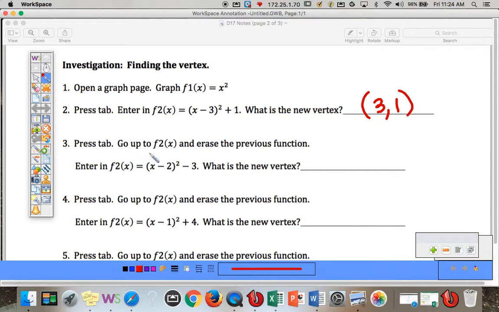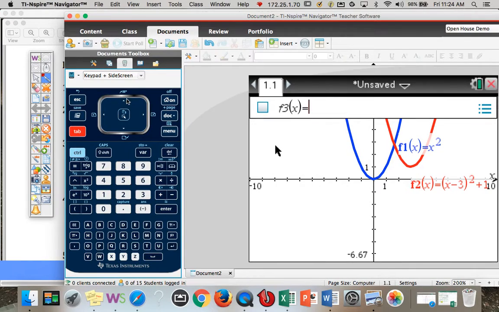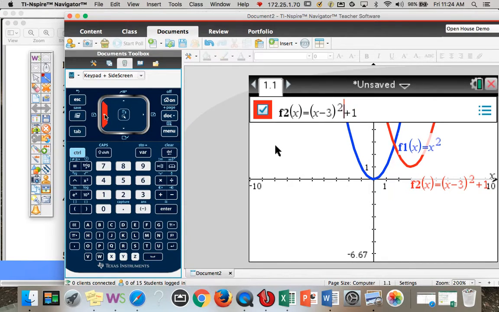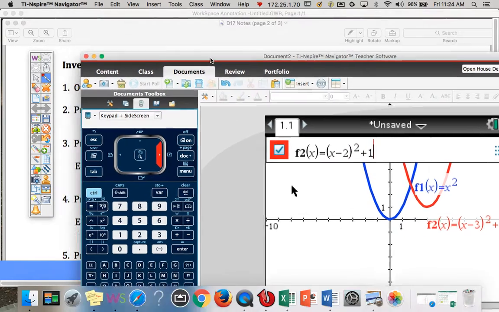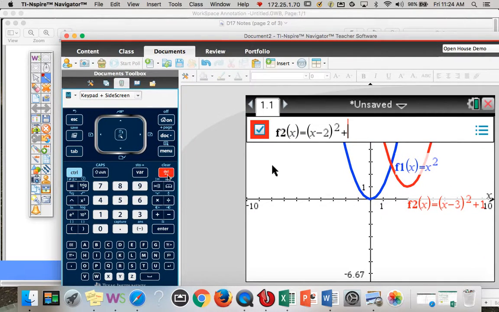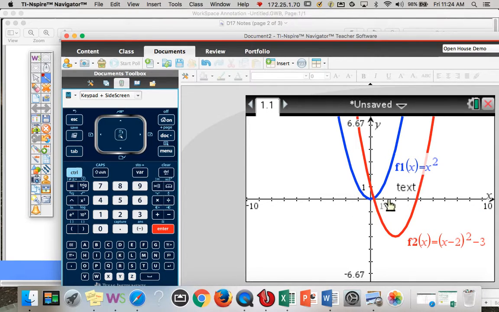Let's try another one. Go back up to f2 of x, erase the previous function, and type in this one. x minus 2 squared minus 3. So tab, go up. And this should be minus 3. All right, this new vertex is 2 over and down 3.